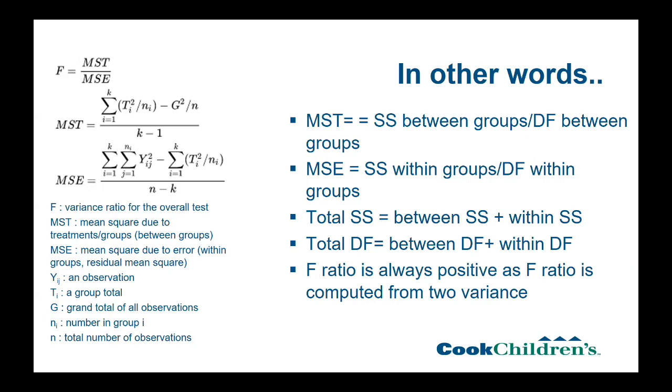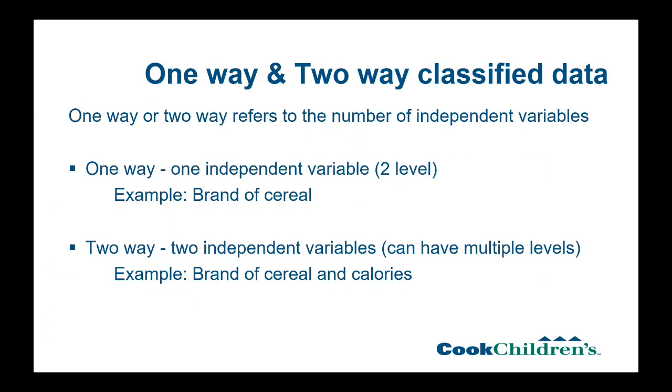So now that we are familiar with some of those terminologies that are used in calculating the F statistic for analysis of variance, or to determine the variance between variables, so independent and dependent variables, we will now go to the types of analysis of variance that could be done.